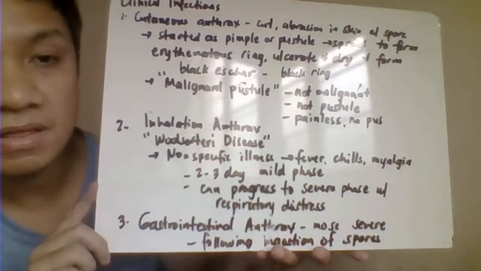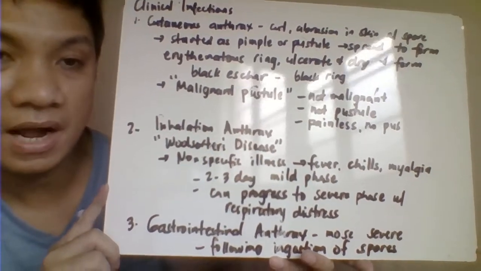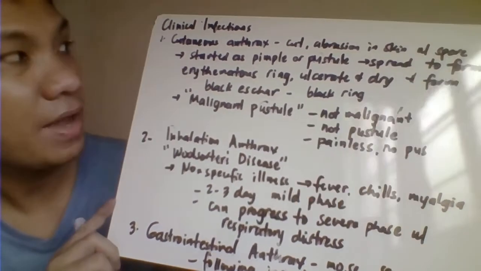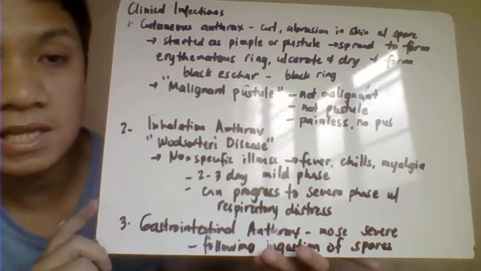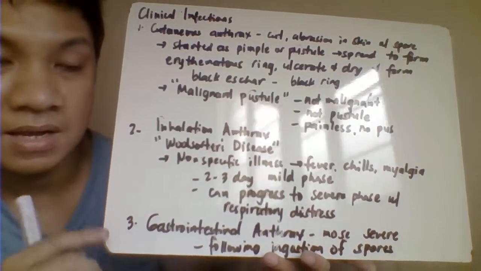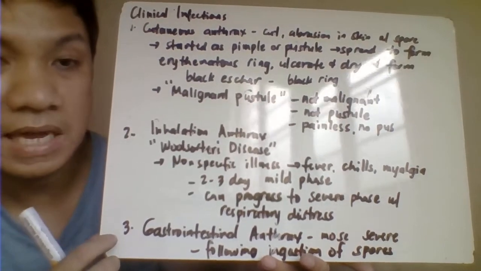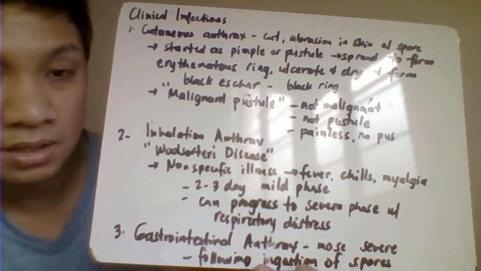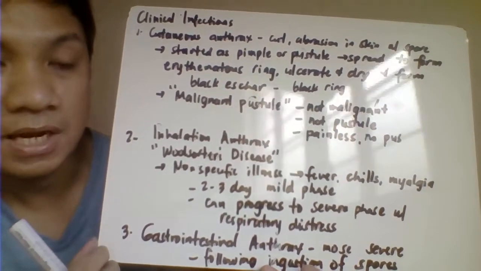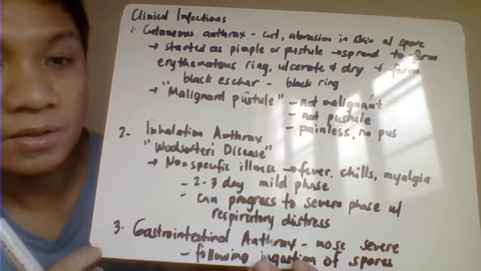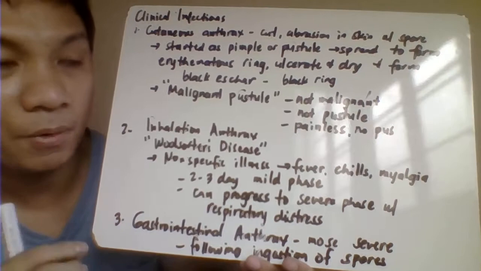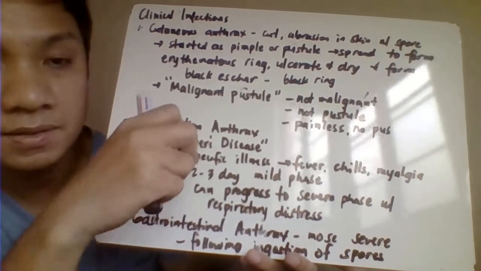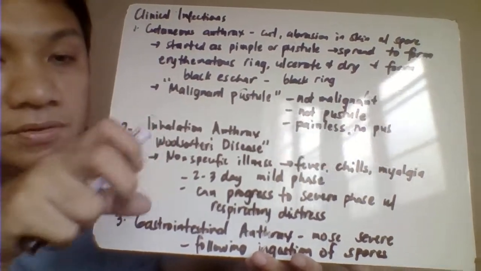Then we have the different clinical manifestations of anthrax. The first one is cutaneous anthrax. Cutaneous anthrax is just a skin lesion because of the entry of spores in the skin through breaks or open wounds in the skin of the patient. It is characterized by a pimple-like lesion, a pustule, which eventually spreads and becomes an erythematous ring.